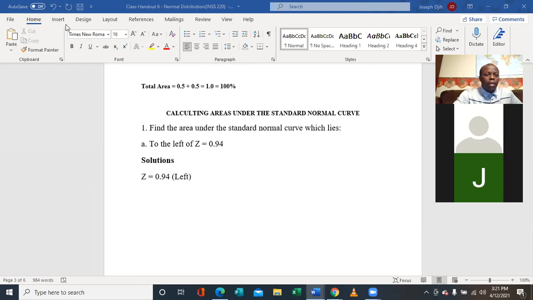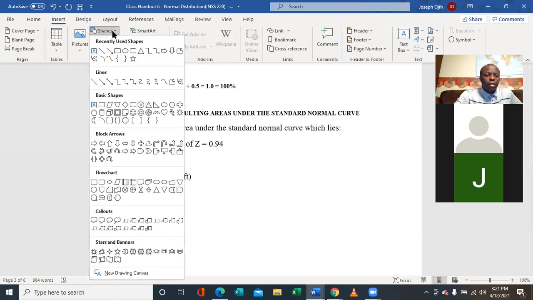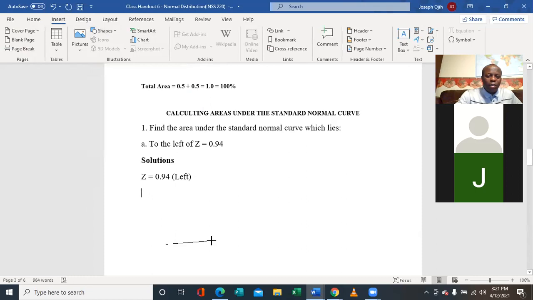So we start by inserting the curve. Let's see, we got to choose the appropriate tool to draw it. Let me see if this one will work. Okay, I think this will work.